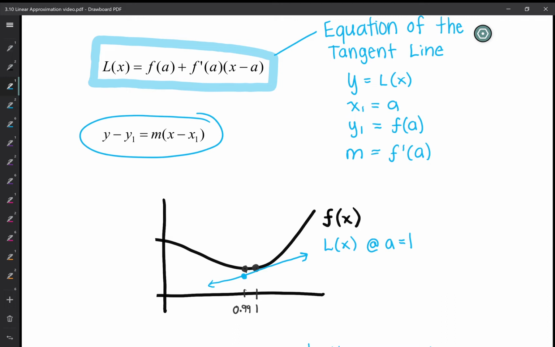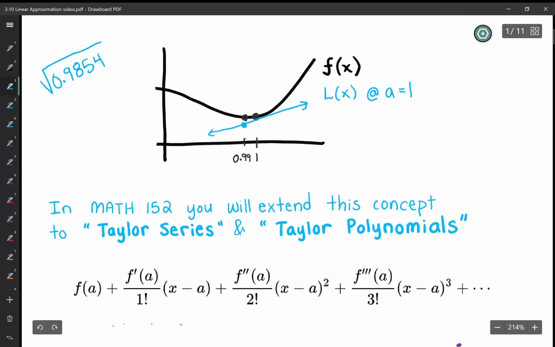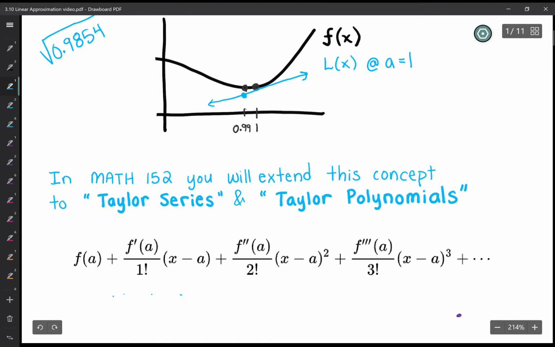It will not give us the exact value most of the time, but a large part of math is concerned with approximating things. A lot of calculators can't calculate something like the square root of 0.9854 exactly, but they can find an approximation using either linearization, or later in Math 152, we'll extend the concept of linearization to Taylor series and Taylor polynomials, which are also ways that we approximate functions.